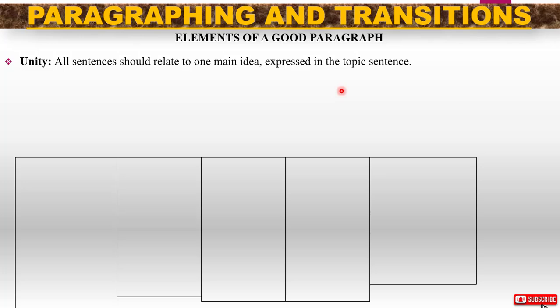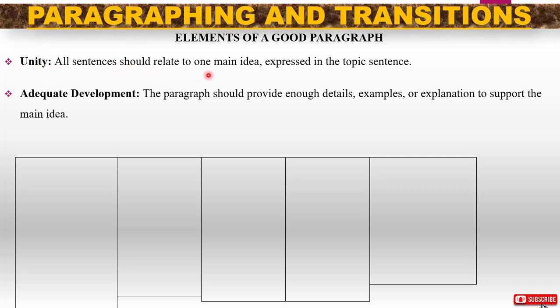You must talk about things that make Kofi a good boy and not talk about his bad deeds. So if you write Kofi is wicked, then your paragraph is not going to have unity, because your topic sentence was to talk about the things that make Kofi a good person. That is the unity of a paragraph. All sentences should relate to the main idea.